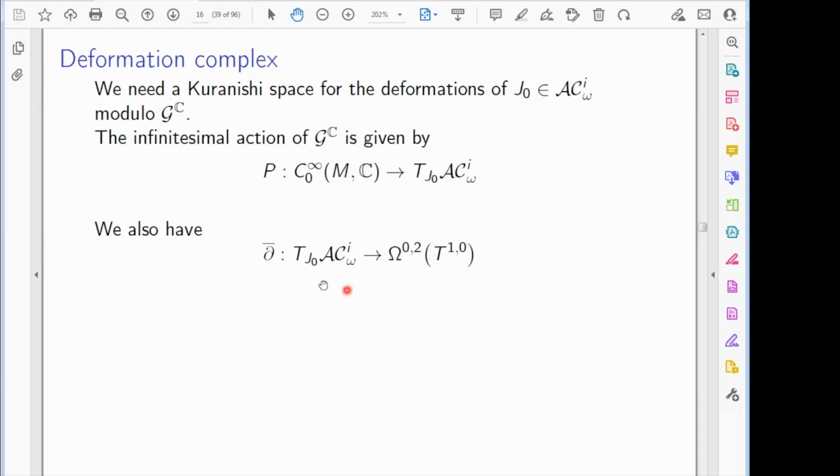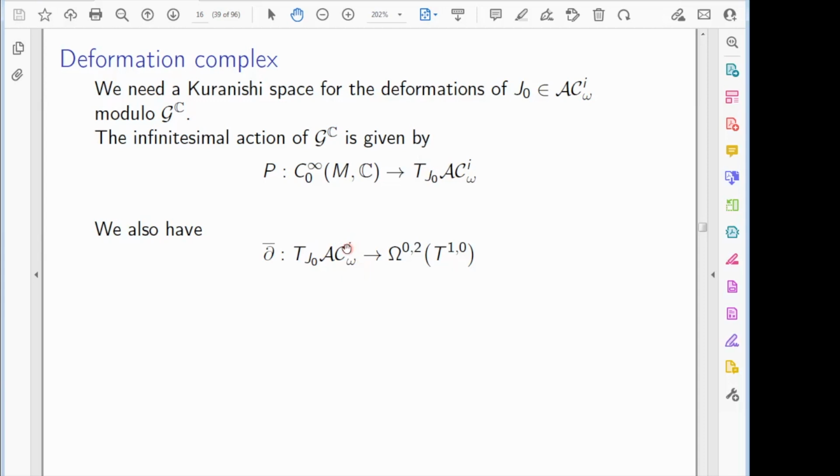But then if you also consider the del bar, so if you consider the tangent vectors, I guess we shouldn't have the i here because we're considering tangent vectors.